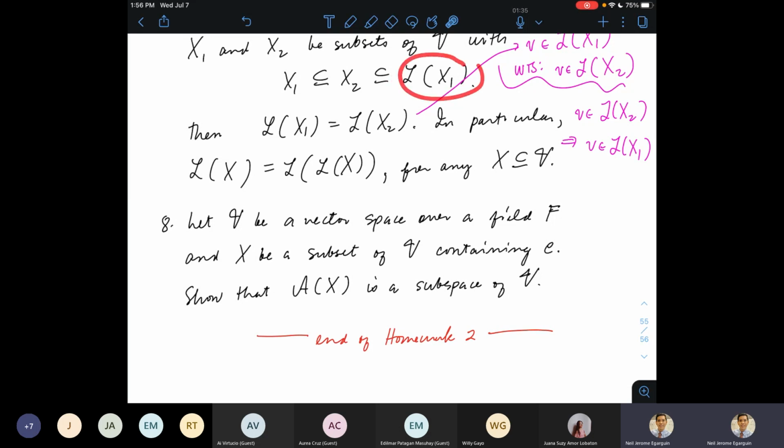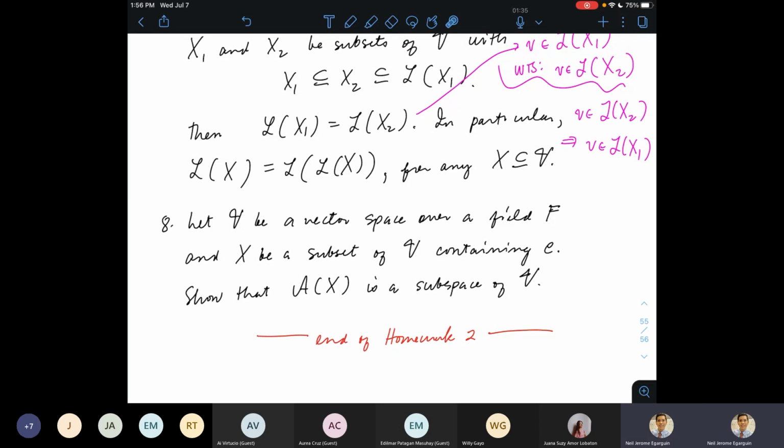So since this is a subspace, by assumption it contains x2. So the package deal, statement 2, will hold. That means L of x1 must also contain L of x2. Agree? Or is it unclear? Come on, guys. So again, what is theorem 2?